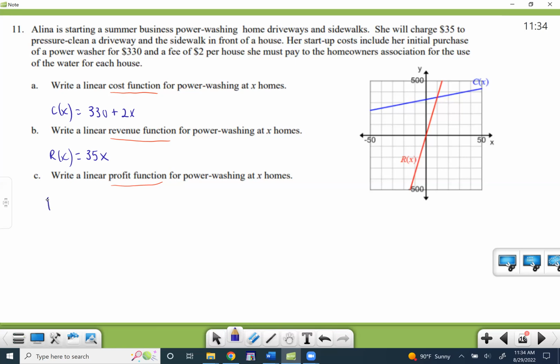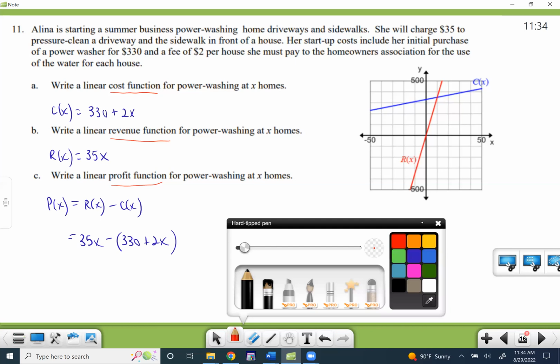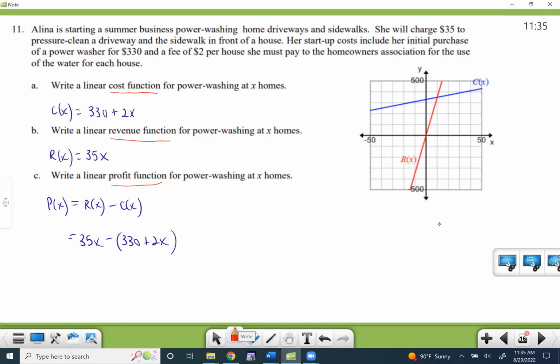Now, in order to get her profit, P of X, you have to take the money she made and subtract away all of her costs to see what her profit is. So we're going to take the 35X, and subtract away the cost of 330. Many students forget the parentheses, you guys. You have to have the parentheses because if you don't, you'll forget to distribute, right? If you just write it without the parentheses, you get the wrong answer because these two you would add together.